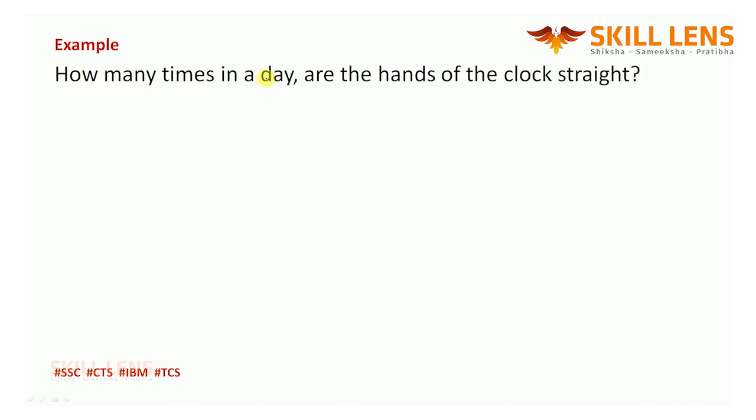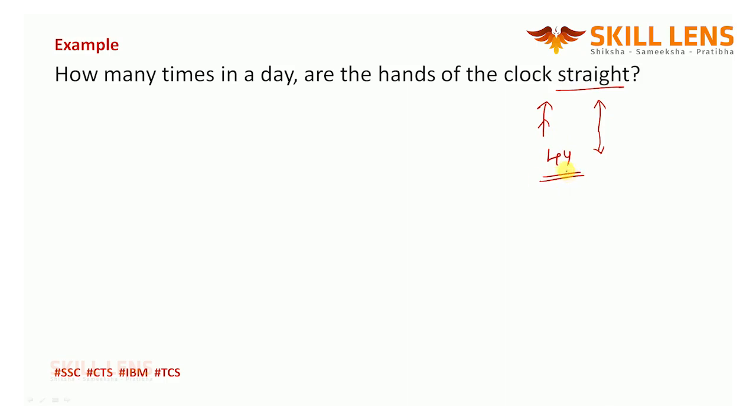How many times in a day are the hands of a clock in a straight line? Guys, this is a little confusing. They are in a straight line when opposite, but if you look here, this is also a straight line. So if they are asking like this, it's going to be 44 times.